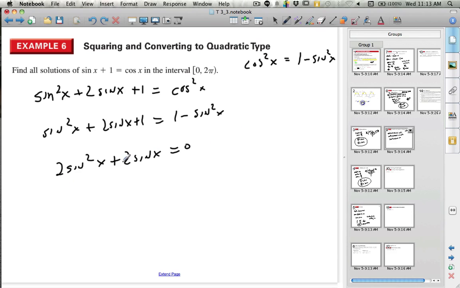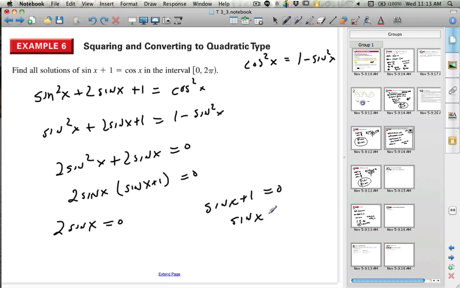In this case, I can factor 2 sine of x out of each of these, giving 2 sine of x times sine of x plus 1. Then we want to set these equal to 0: 2 sine of x equal to 0, and sine of x plus 1 equal to 0.